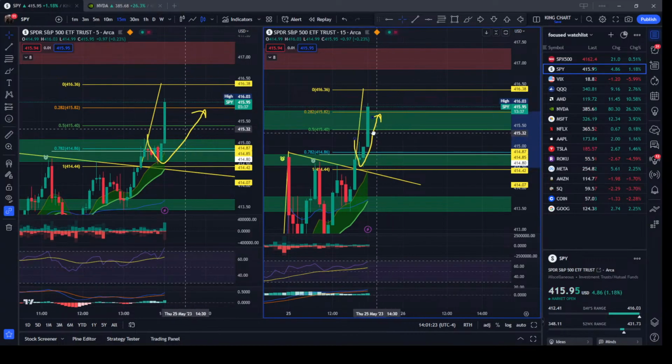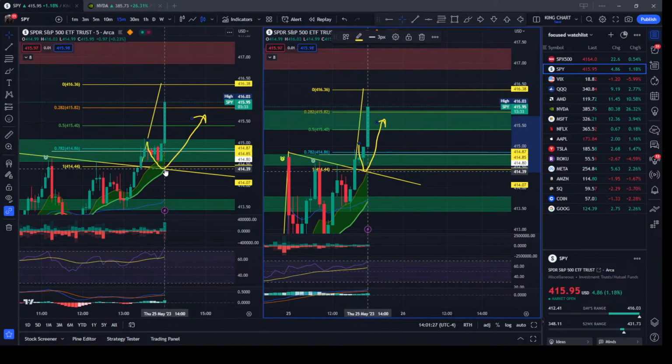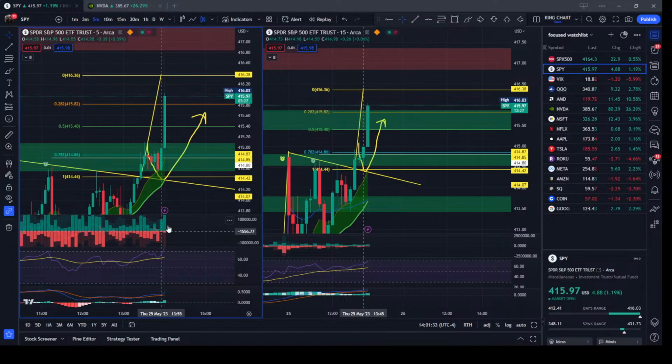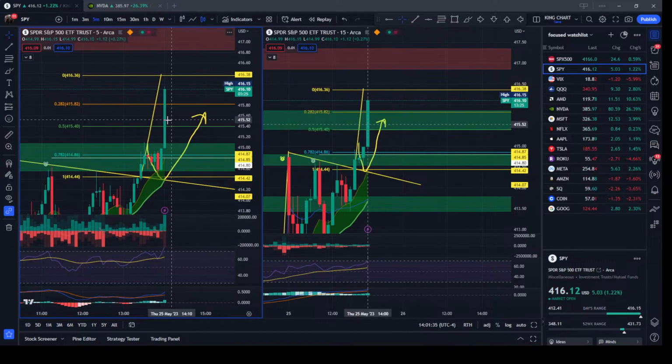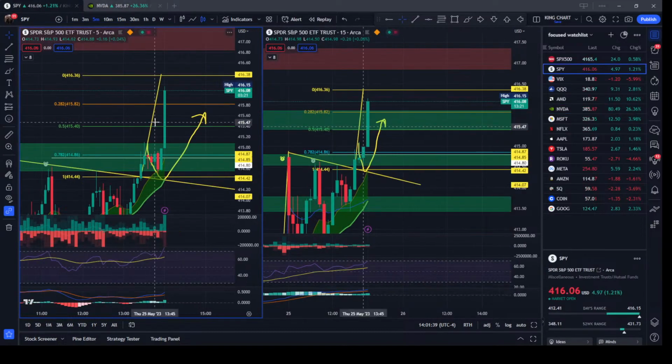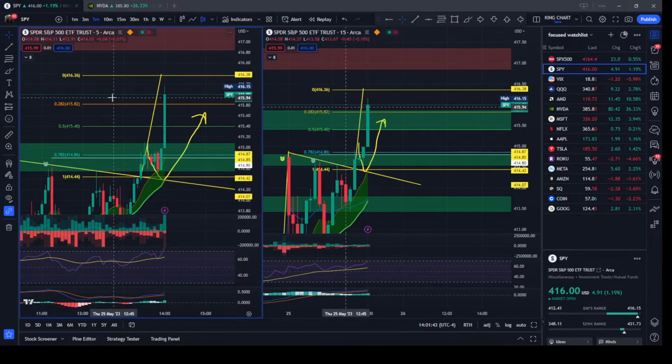We kind of called it, to be honest. The retest looks really nice. I'm wondering if we're gonna hit that last target at 416.38. Huge volume just came in. Man, that thing's crazy. 1400. Yeah, 2 o'clock pump. It's crazy.